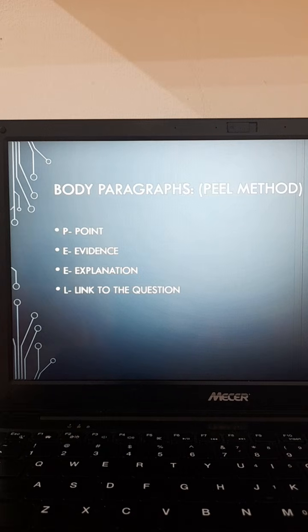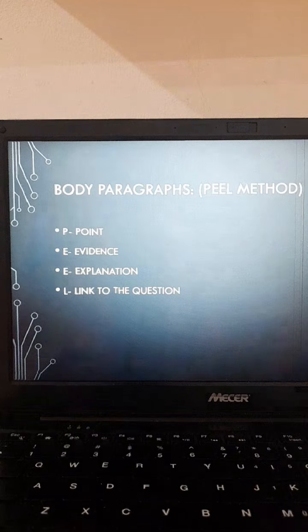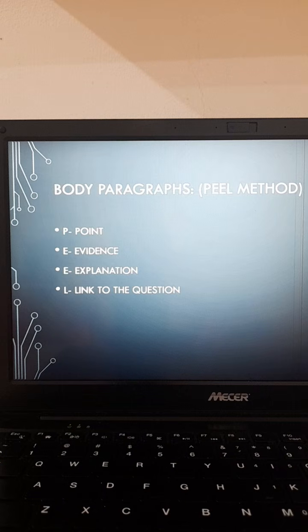Understand? So in other words, I can recommend you to use explanation and write evidence after, because explanation, you are explaining the point that you wrote, and give evidence. Then from there, you are gonna stick to the last point of the pill method, which is linking back to the question.